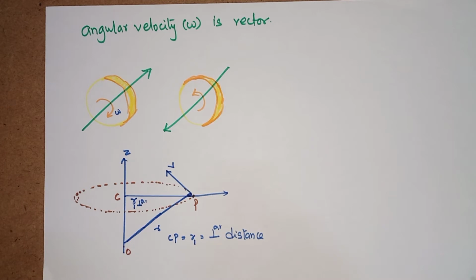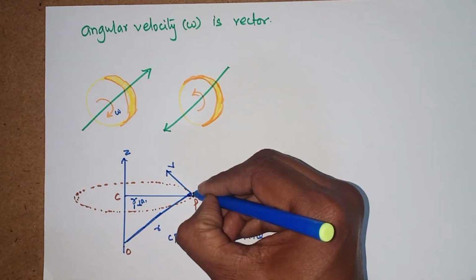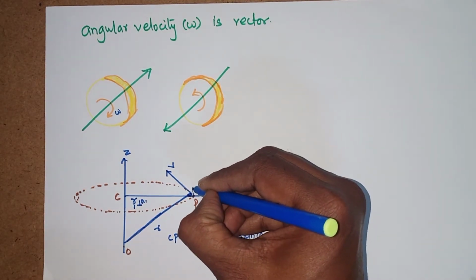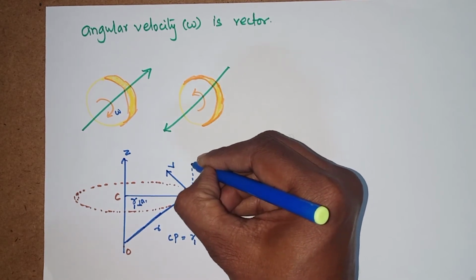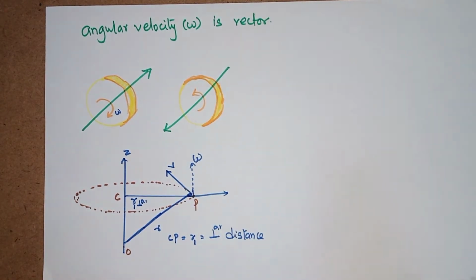Now how to write angular velocity, which is about the z axis, omega? How to write omega, and how to write the linear velocity in terms of direction?